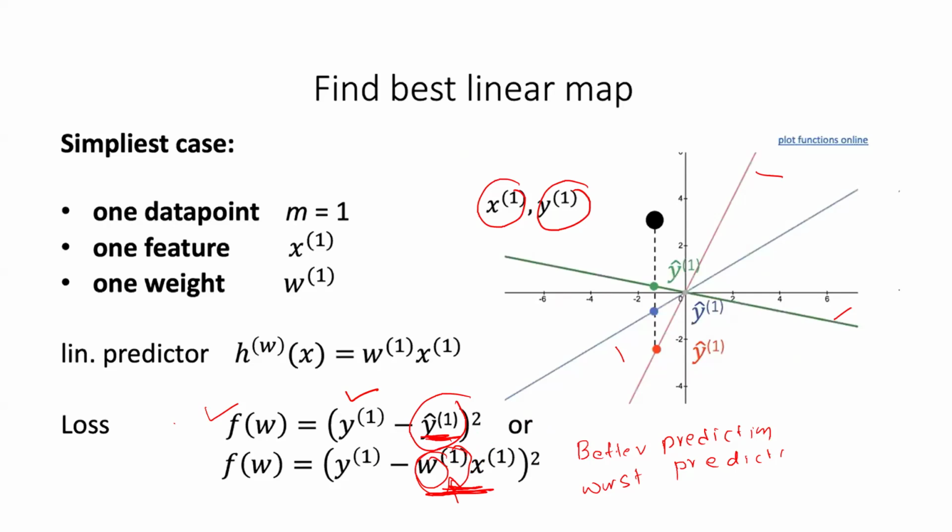By changing the weights to different values, we will be able to find out which is the best prediction and which one is the worst prediction. And if we plot it, we'll find out where we are actually getting the best prediction.